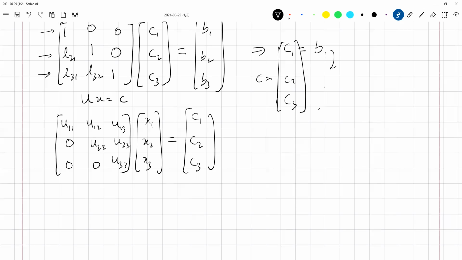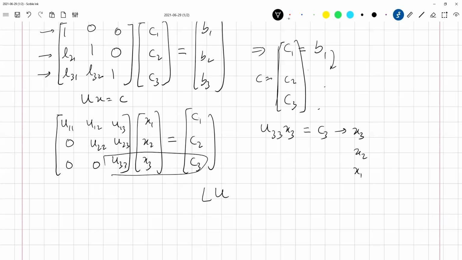So in this particular set of equations, where will you start solving? Bottom to top. The first equation that you will solve is the lower one, where U33 into X3 is equal to C3. So you can find out X3, then X2, then X1. This is the algorithm that we use for solving a set of equations using LU decomposition.